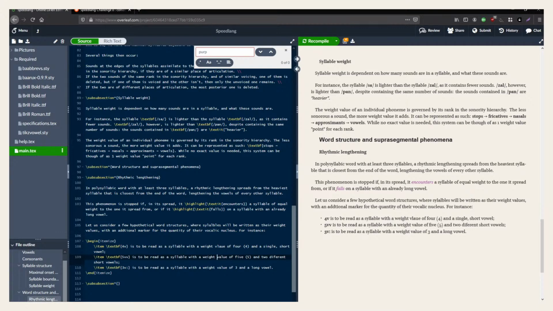So, as I was asking you, is the formulation quite clear for how I'm going to be notating the syllables?